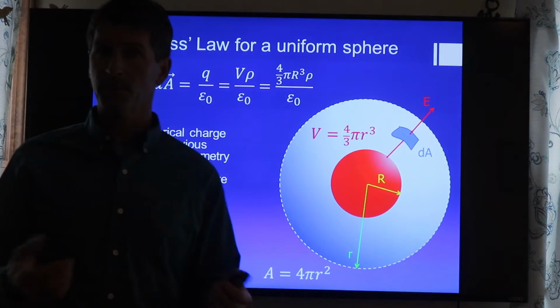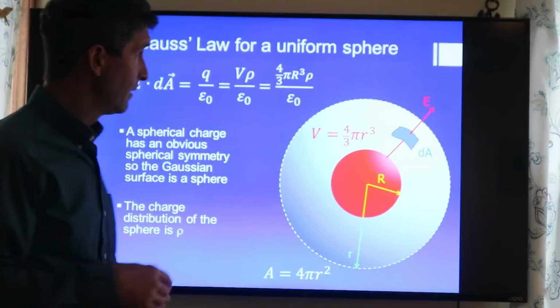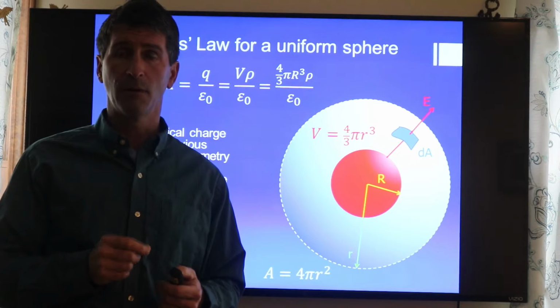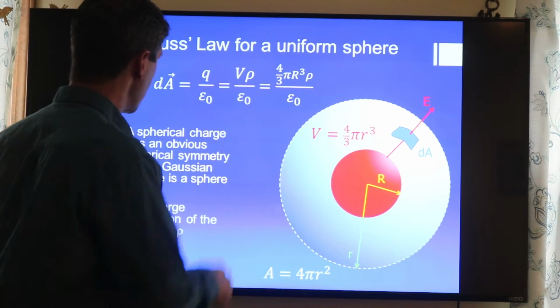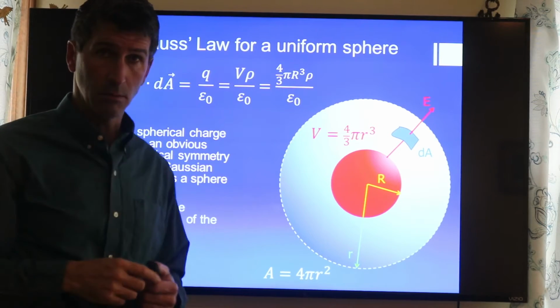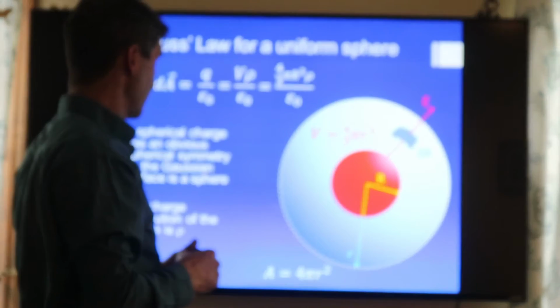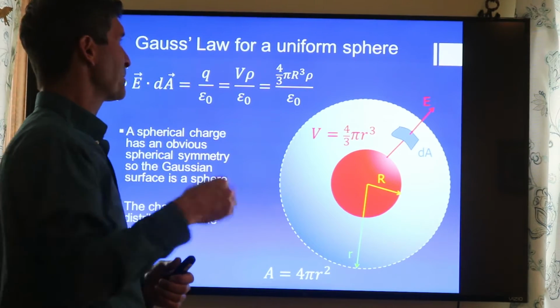Rho is typically used as mass density, how much mass we have per unit volume. This rho is charge density, how many coulombs we have per cubic meter, per unit volume. So Q becomes V times rho, okay? So again, not too much has changed right here. Again, this volume of a sphere is 4/3 pi r cubed.